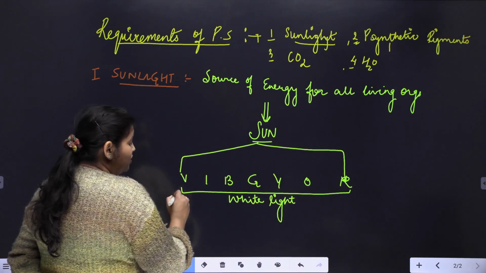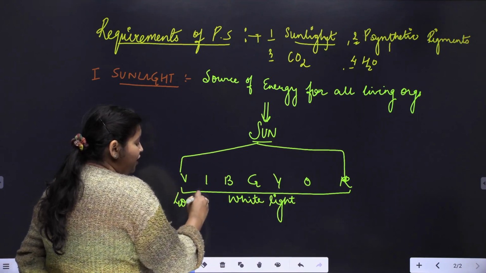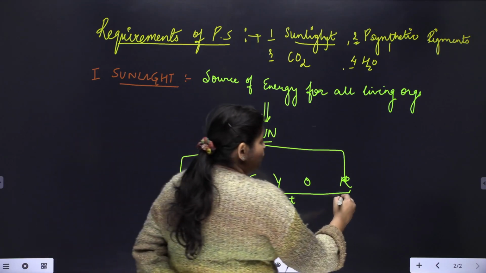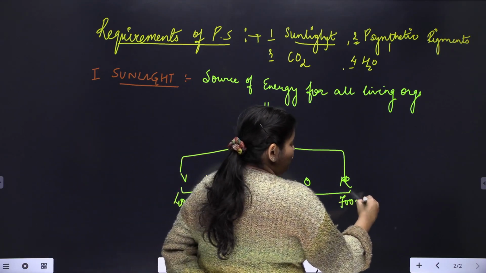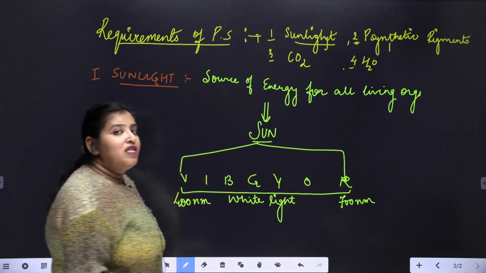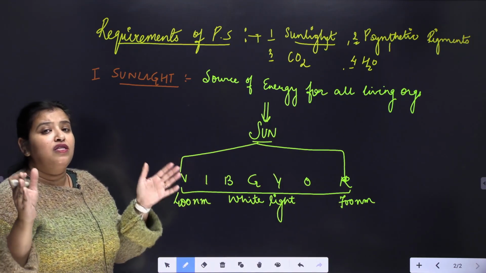The wavelength of this starts from 400 nanometer to 700 nanometer. That means only this is the wavelength for photosynthesis.